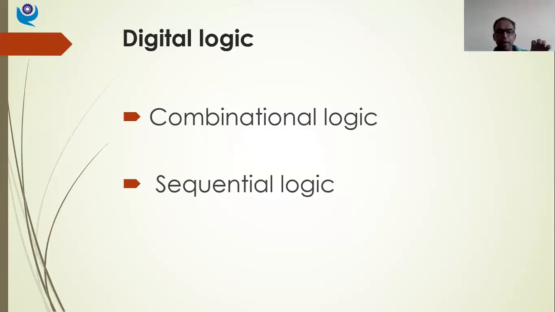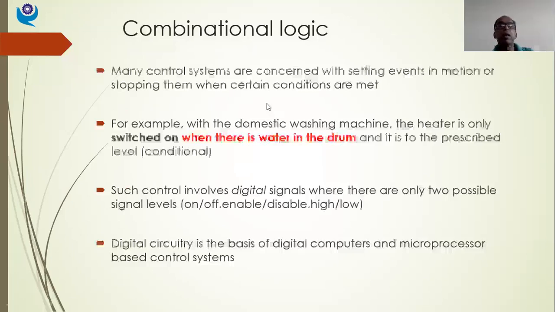So unless and until that switch, whatever limit switch I have placed there, or whatever sensor I have placed there, which is showing me about the closure of the fixture where the component is fixed, unless and until that switch is enabled, the further circuitry will not work. So such logical requirements when are there, and when there is one memory requirement as such, we go for sequential logic circuitry. Now first we'll see the combinational logic aspects.